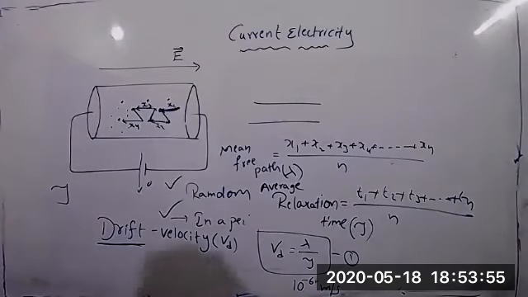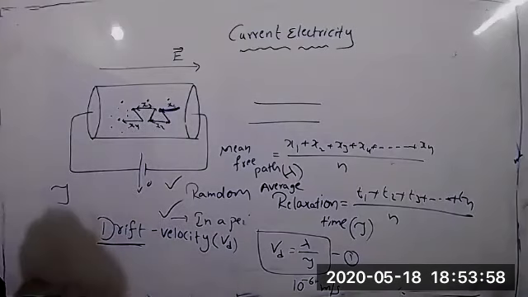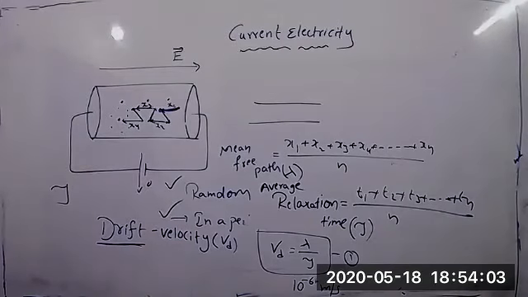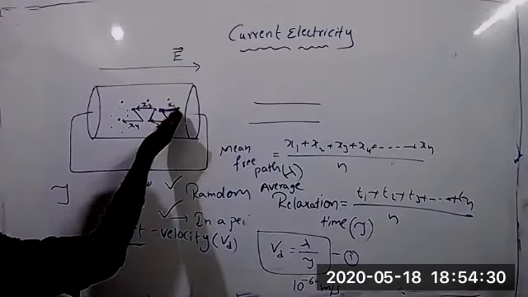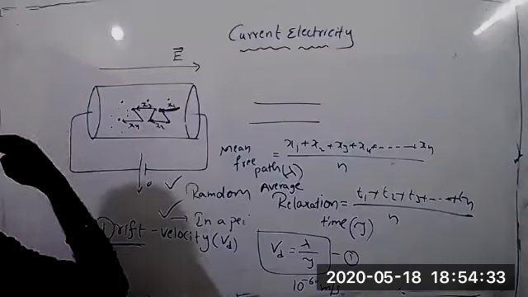Listen carefully, okay? Did you understand mean free path? Yes, sir. When the particle is moving before collision, it covers a certain displacement, and there are many such displacements. The average of that free path is the mean free path. Before the collision, it travels a displacement and takes some time.